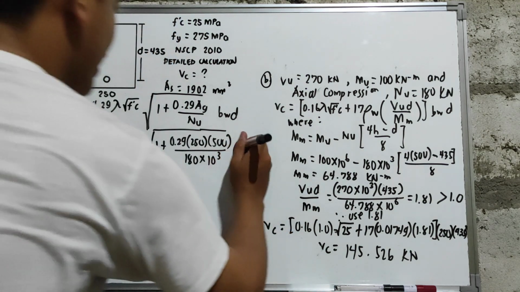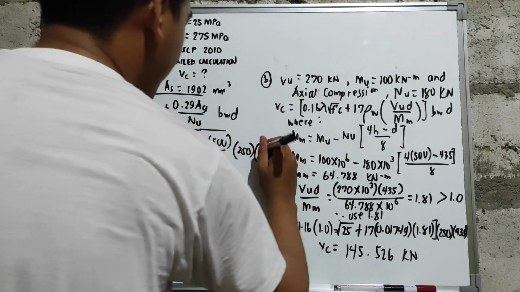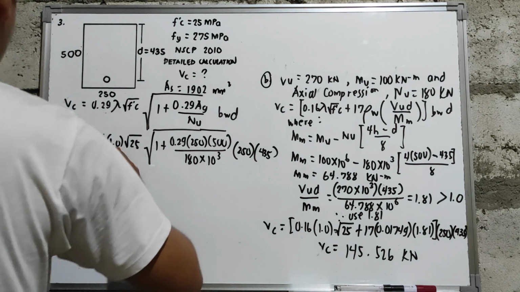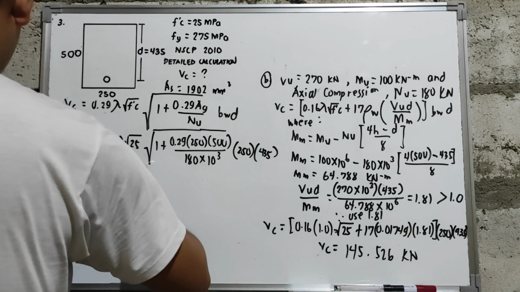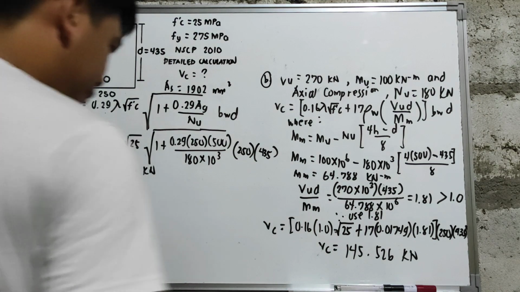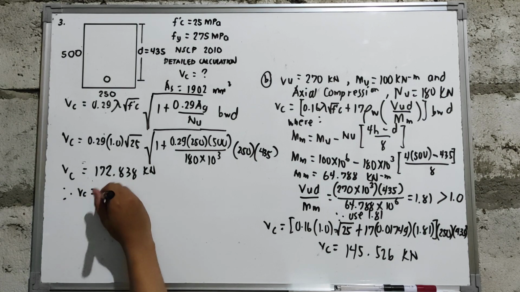Yung BW natin, that is 250. Yung D natin, that is 435 mm. So you have a value of your VC which is equal to 172.838 kilonewton.